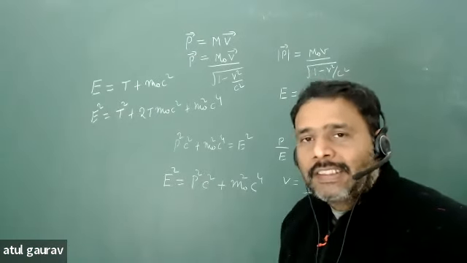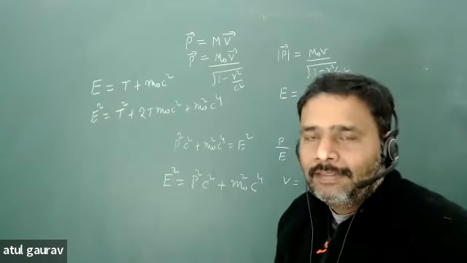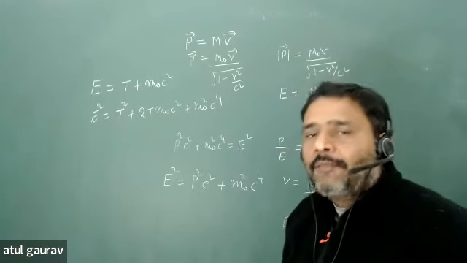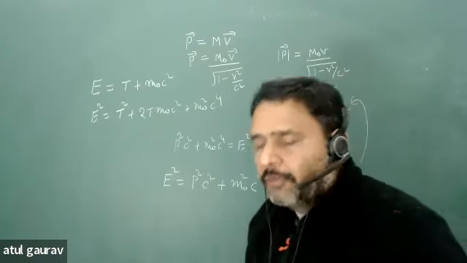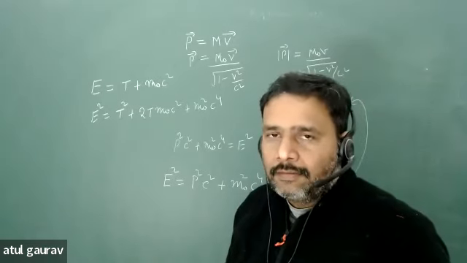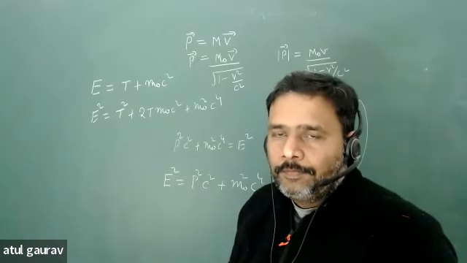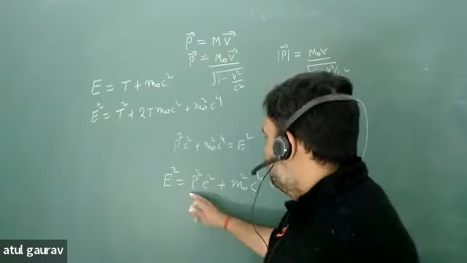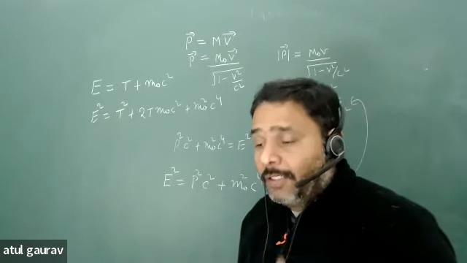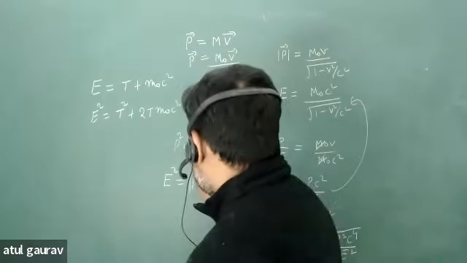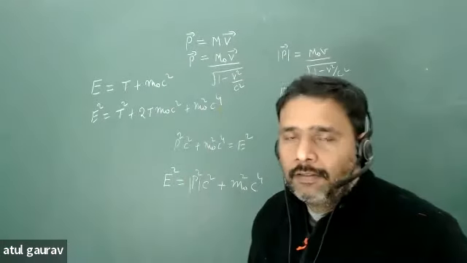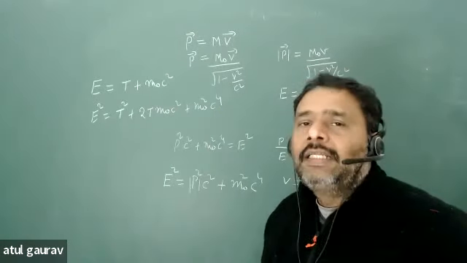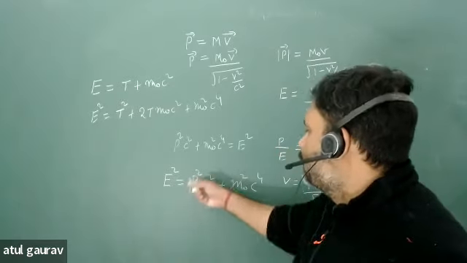So PC is not a kinetic energy. This is just the magnitude of momentum into speed of light. That's it. So P into C is magnitude of momentum into speed of light. Please always take care of this particular thing. बच्चे बहुत ही ज्यादा कंफ्यूज होते हैं कि this is kinetic energy square.